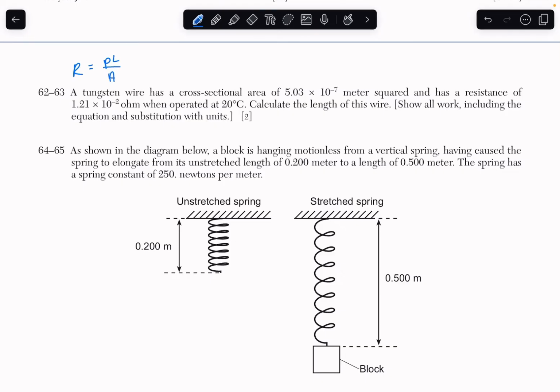So it says here resistance is 1.21 times 10 to the negative 2 ohm, and that equals resistivity of tungsten, and we can find that on our reference table, and that is going to be 5.6 times 10 to the negative 8th ohm times meters.